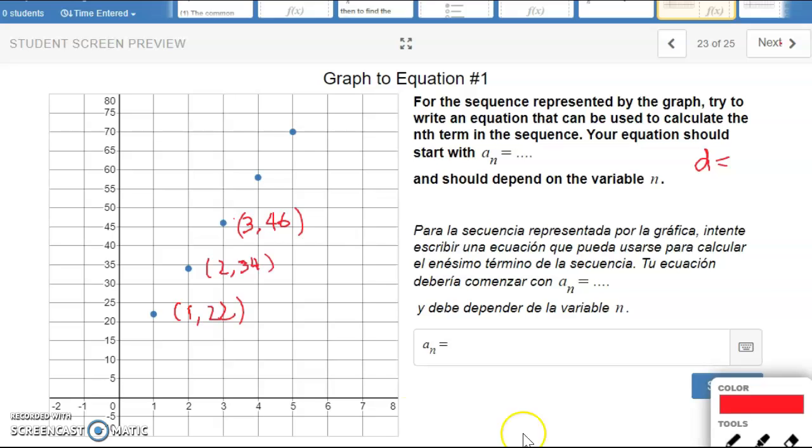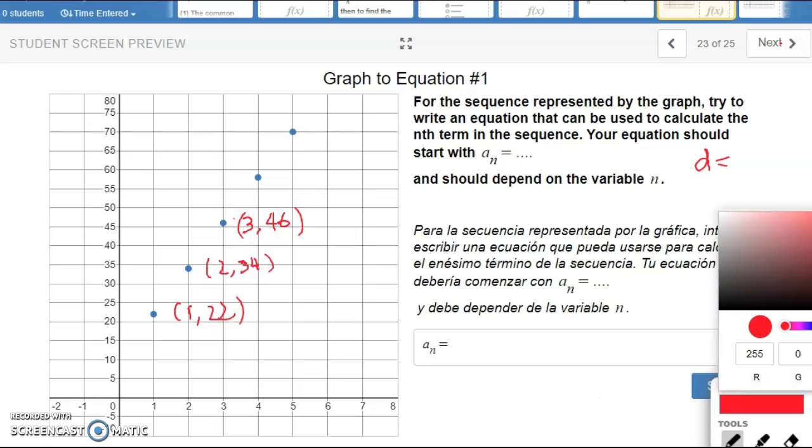So if I click on this, it gives you that coordinate. So when n increased by 1, how much did the value increase by? It increased by 12. So I know that the common difference is 12.